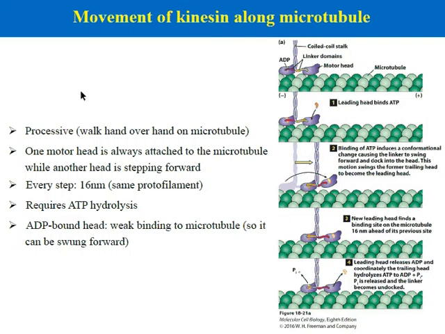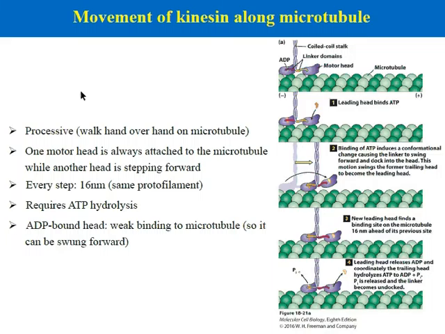Now what happens is that when the leading head binds to ATP, it triggers a conformational change such that the linker region will change, and at the same time the trailing head becomes loose, so it no longer binds to the microtubule. This change of conformation of the linker tries to swing the trailing head forward.